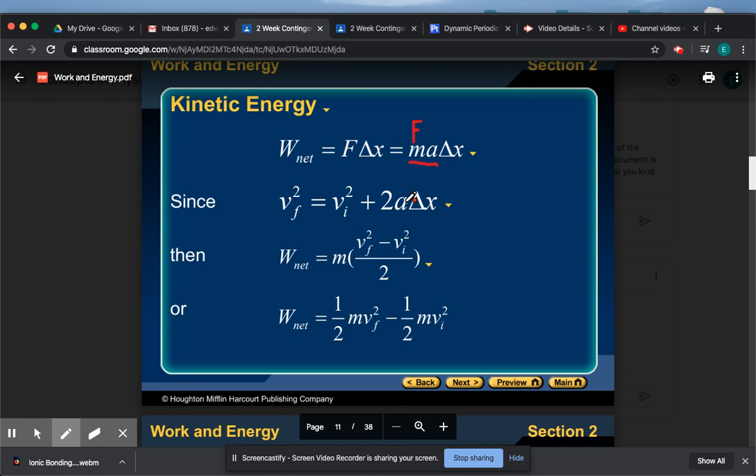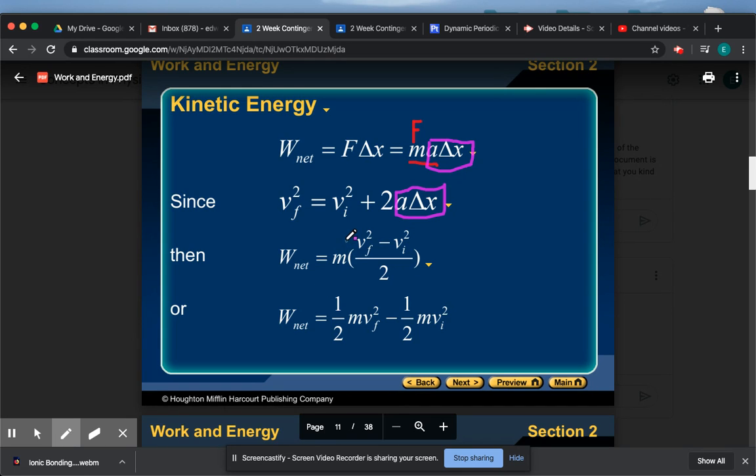So what they did here was they got the a times delta x. This part right here, let me change colors. They actually solved for this part right here, so they got it by itself. After they got it by itself, they substituted it back into this piece.